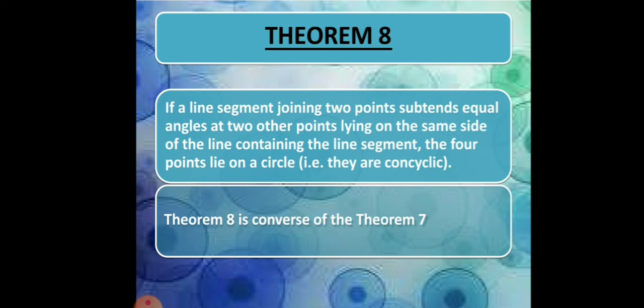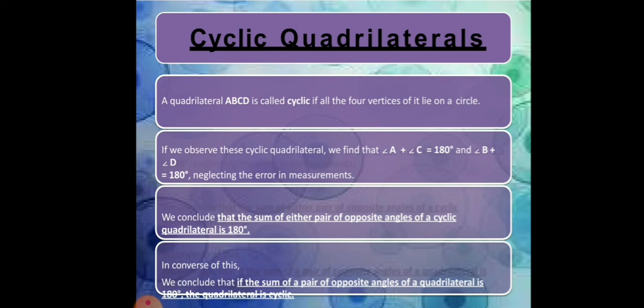Next is theorem 8. If a line segment joining two points subtends equal angles at two other points lying on the same side of the line containing the line segment, the 4 points lie on the circle. This theorem 8 is the converse of theorem 7. Now next is cyclic quadrilaterals. A quadrilateral ABCD is called cyclic if all 4 vertices of it lie on a circle.